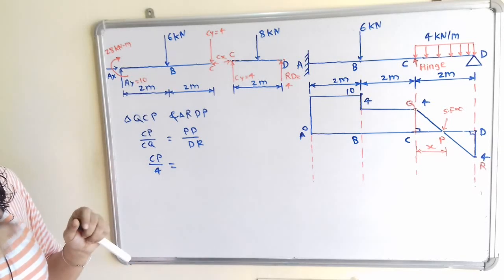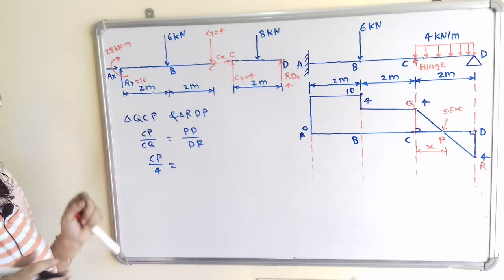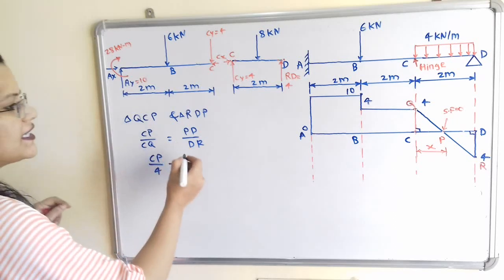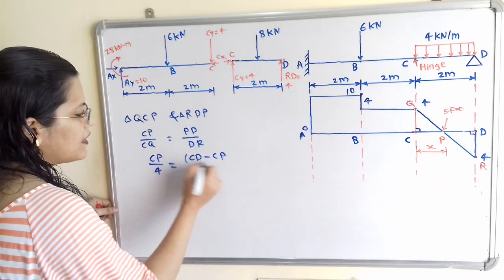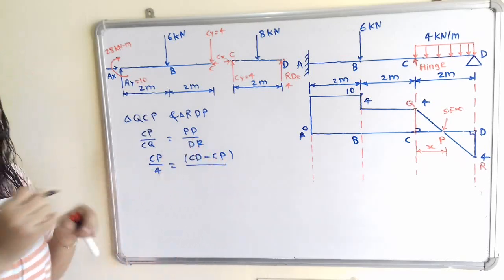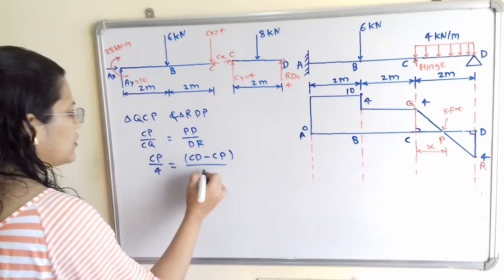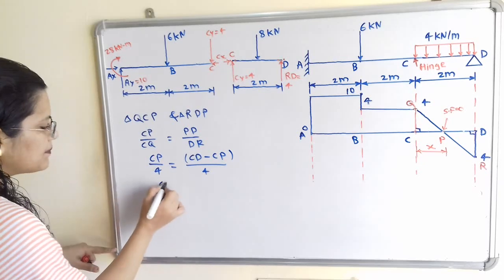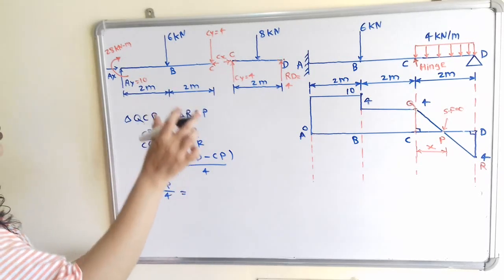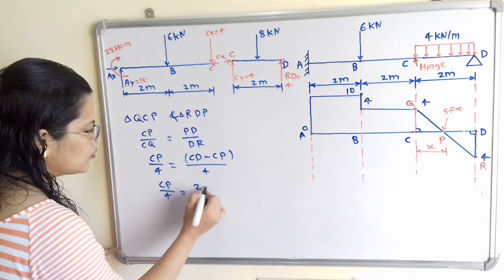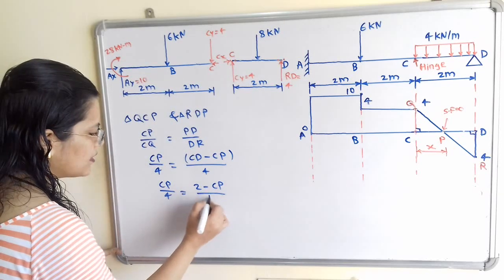So how we will rewrite this PD in terms of CP? So it is CD minus CP, divided by DR. So we have to consider magnitude only. So it is 4. Now CP divided by 4 is equal to the value of CD. So it is mentioned in the question, 2. So (2 minus CP) divided by 4.